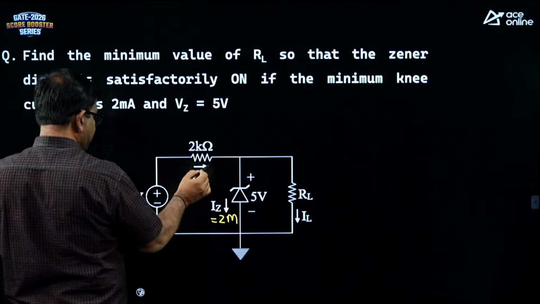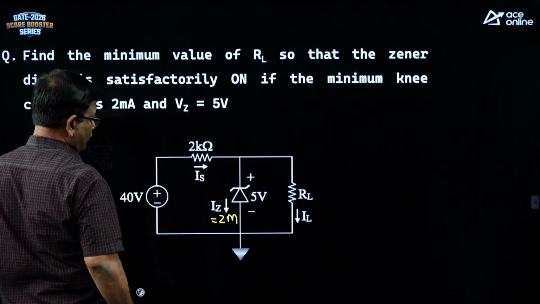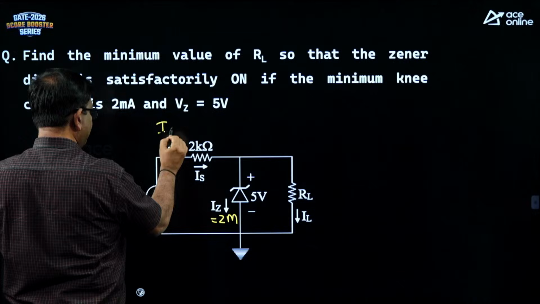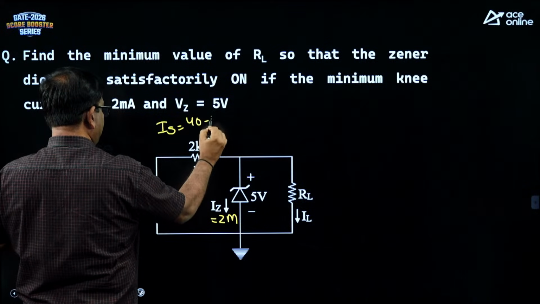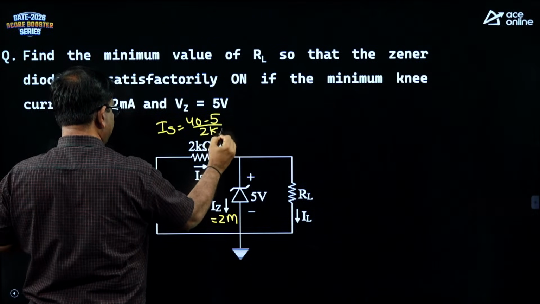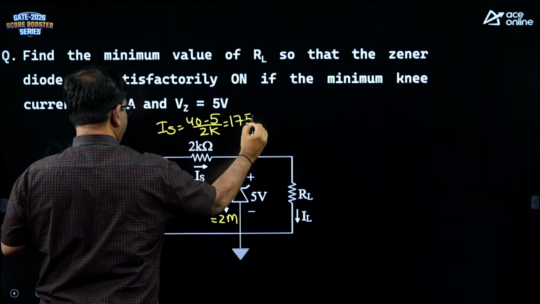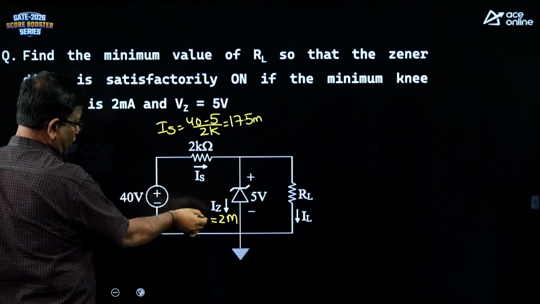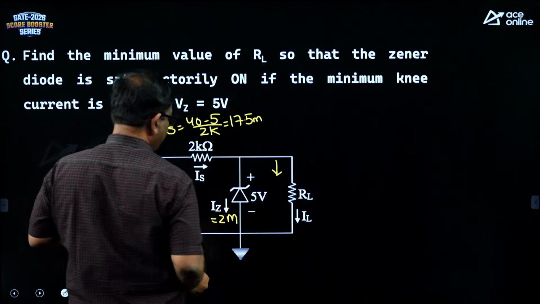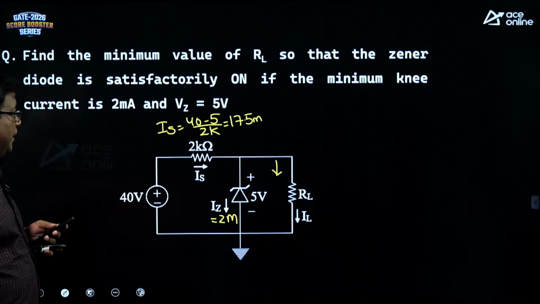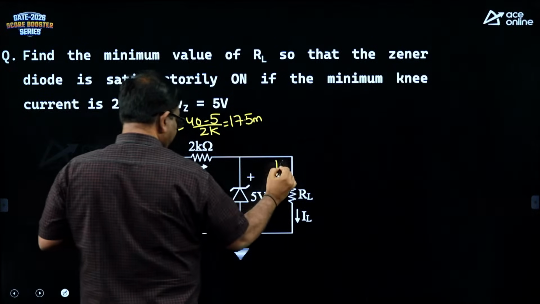So, how much is Is? Is is 40 minus 5 by 2K. It is around 17.5 milli. So, there is already 2 milli here, simple problem. 17.5 minus 2 is going to be 15.5 milli.